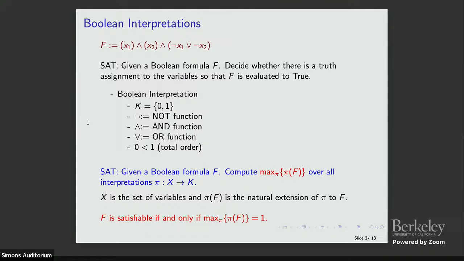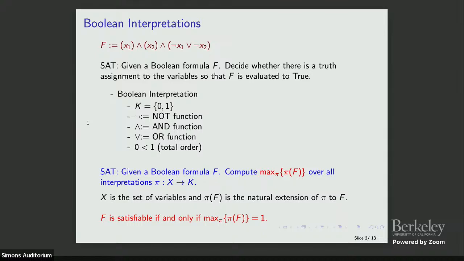In this setting, you are asking, given a Boolean formula, compute the maximum value of interpretation of this formula over all interpretations, which is a mapping from the variables to the Boolean set. Here, X is the set of variables, and pi f is the natural extension of pi to f. I will use this pi notation throughout this talk.